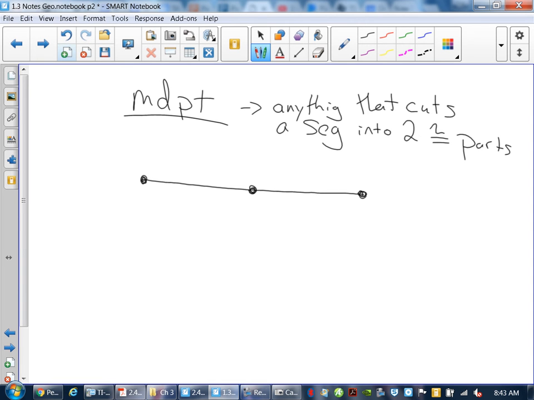I'm going to use the word congruent because when we're talking about lengths, we're talking about the value. If you wind up with two equal values, that means those two things would be congruent. Okay? That's where that terminology comes from.